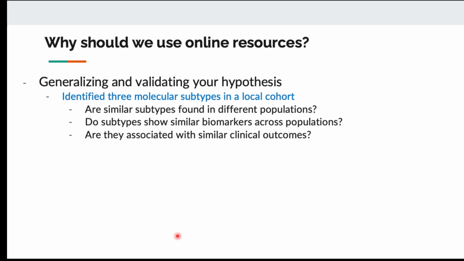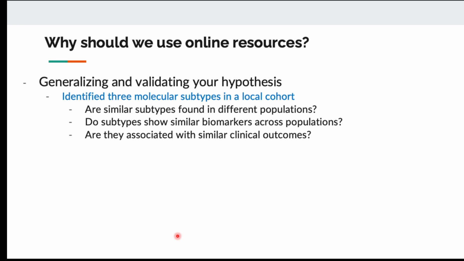And let's say you identify certain subtypes, where you have a cohort of cancer patients and you found 3 different subtypes in your patients. Then the next question would be, can you validate these subtypes in the broader population, in a different country?